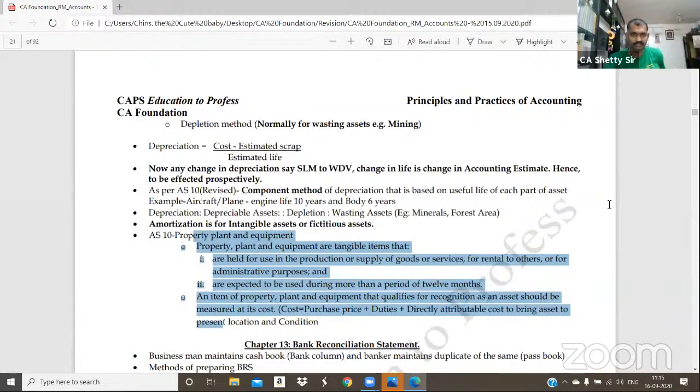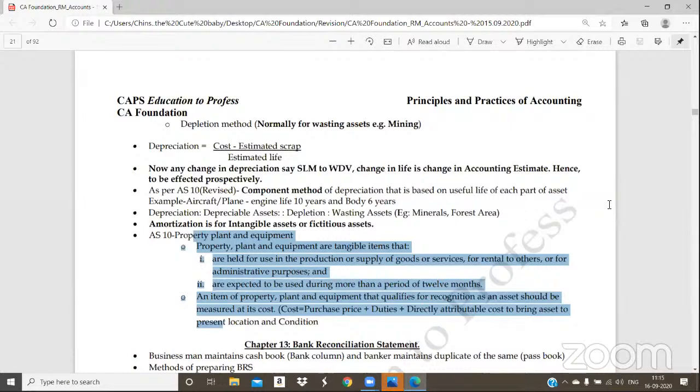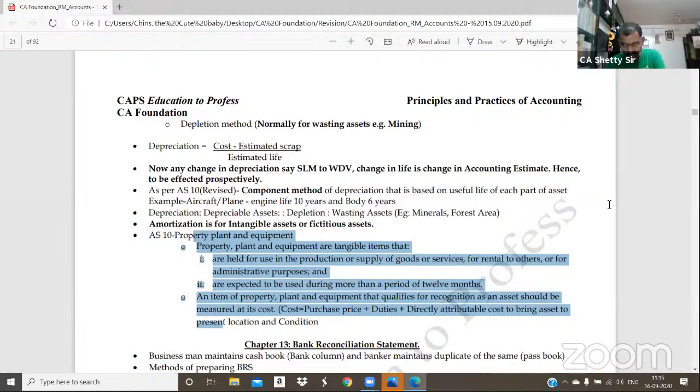Depreciation per annum is equal to 100 minus 10 divided by 10, which is 9 lakh.